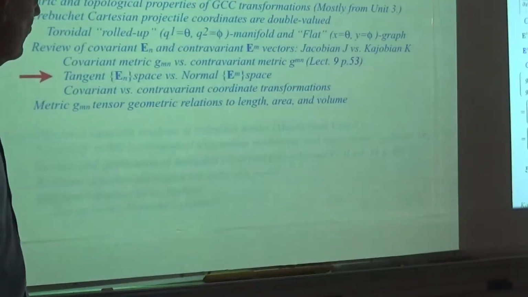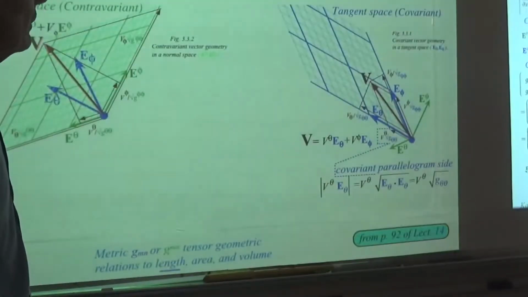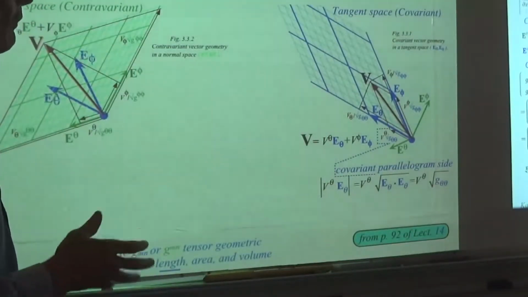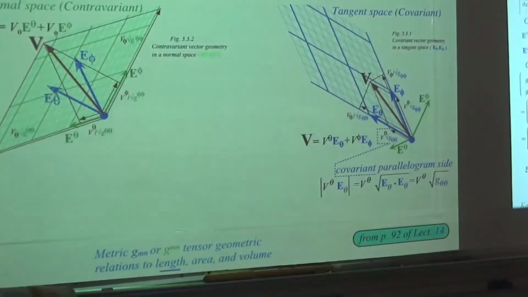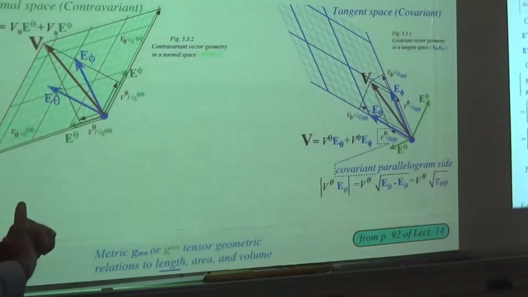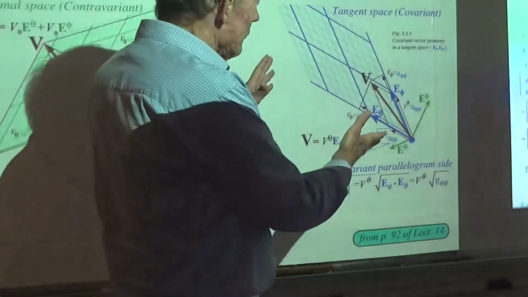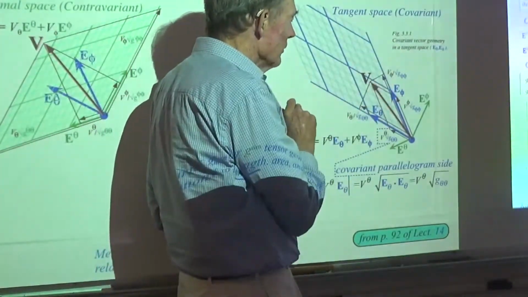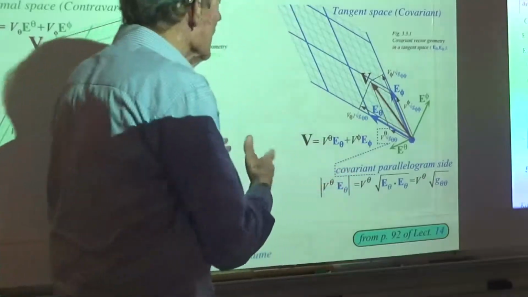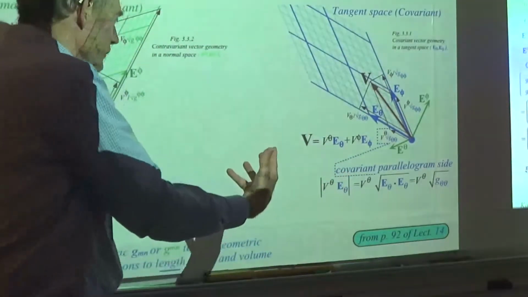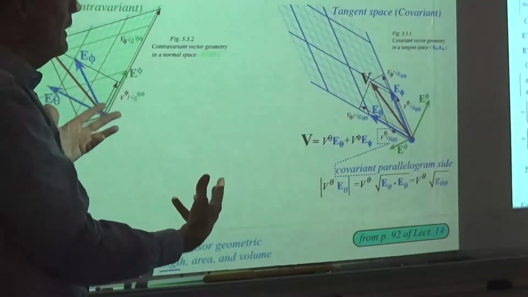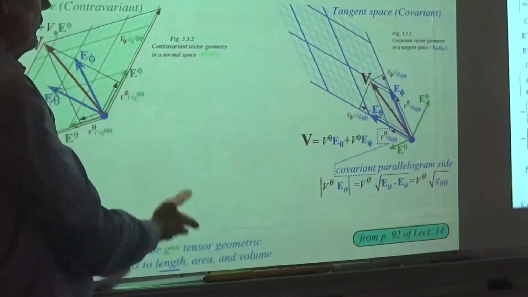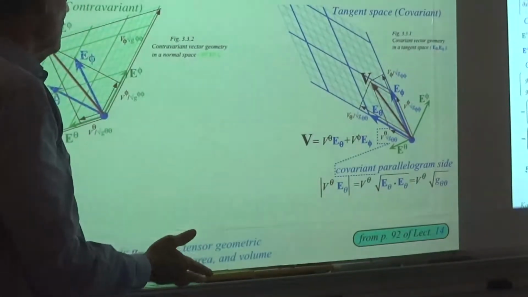Okay, and that's where we need to really take a look at what these coefficients are doing for us. Now here I'm showing the microscopic view of that torus coordinate system. I don't have a three-dimensional view of the contravariant situation because of the normal vectors.